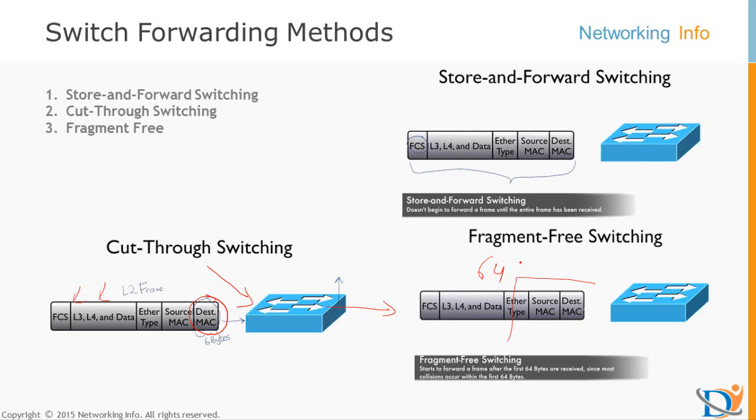So fragment free reads 64 bytes and sends the data. So there is medium latency, but in cut through switching there is very little latency, low latency I can say. Store and forward has high latency, but here it is medium.